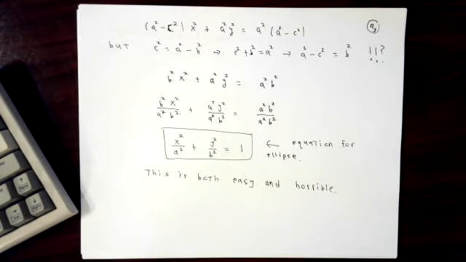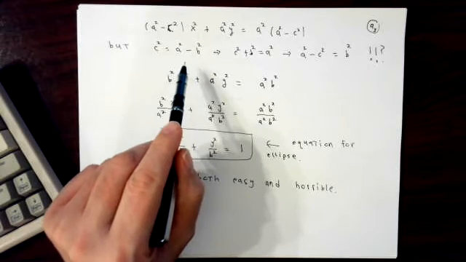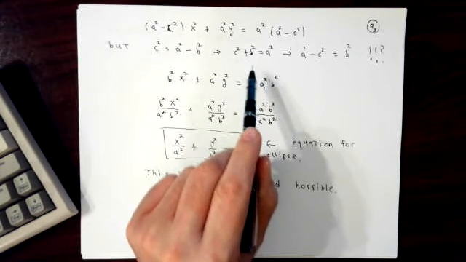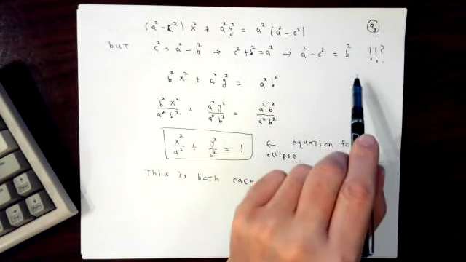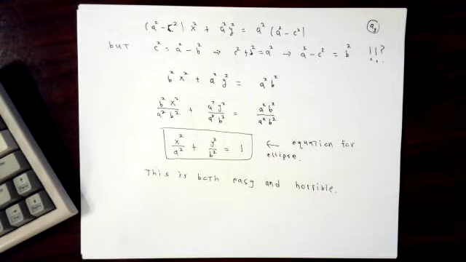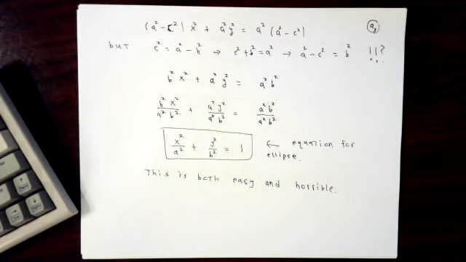We figured out that there's a relationship between those 3 numbers, a, b, and c. C squared is a squared minus b squared, which tells me c squared plus b squared is a squared, which tells me that a squared minus c squared is that other distance squared, b squared. So if you write that in, all of a sudden, our formula is getting much simpler looking than it used to.